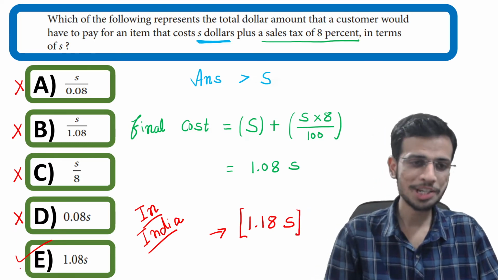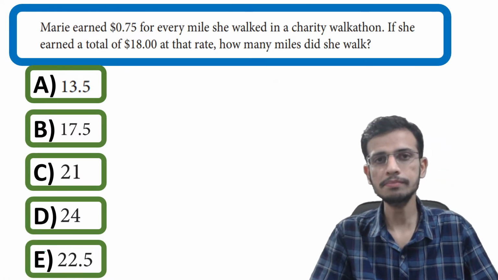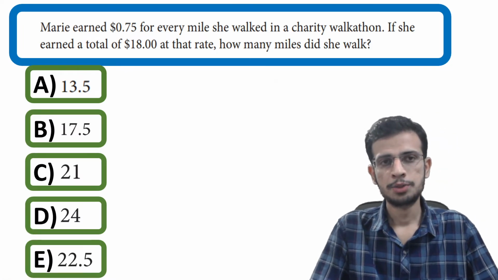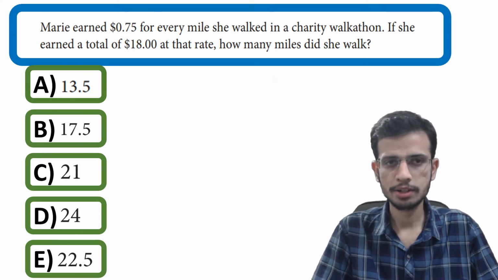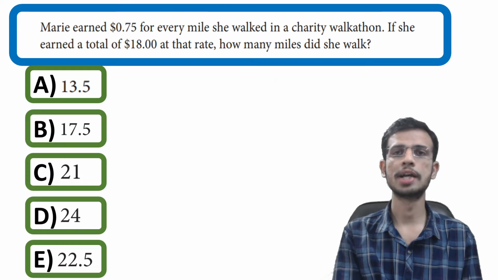Okay, so let's move on to the next question, and here is your question on your screen. You can read the question on your own, and it's a very simple question. I think you can solve it within a few seconds.